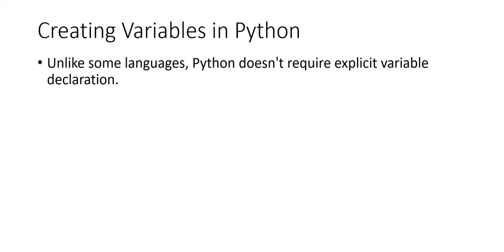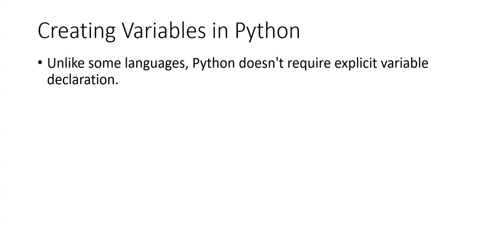Good. Now let's see how we can create variables in Python. One good thing: unlike some other programming languages like C, JavaScript, and Java, in Python, explicit declaration of variable type is not required.